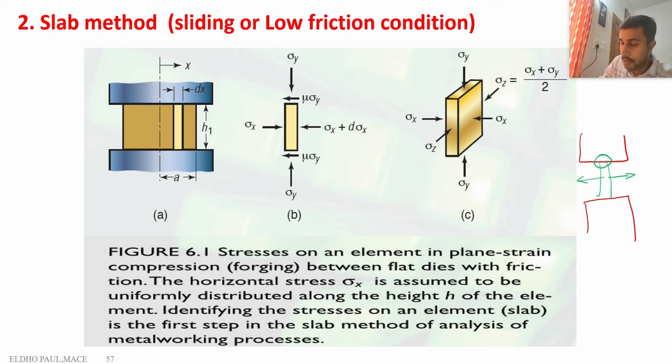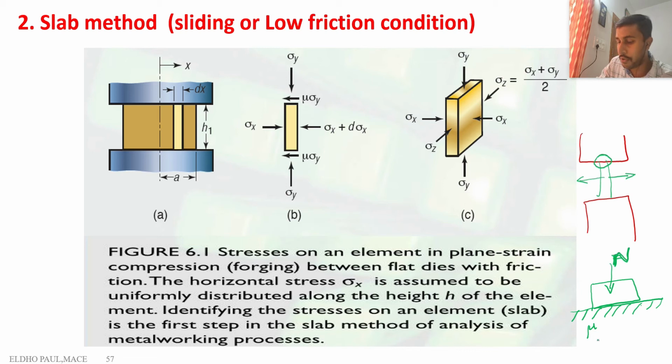For example, here is one object on a stationary surface. A force F is applied, the friction coefficient between the body and the surface is mu, and N is the normal force acting from the body onto the surface.